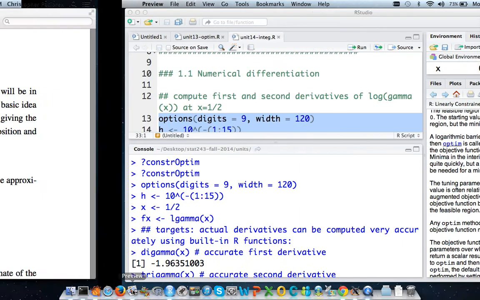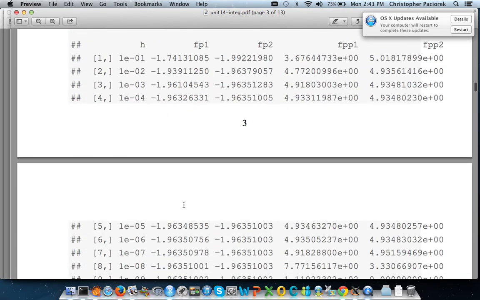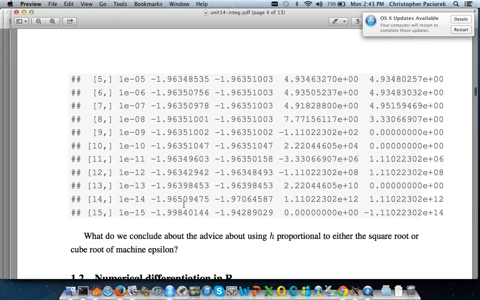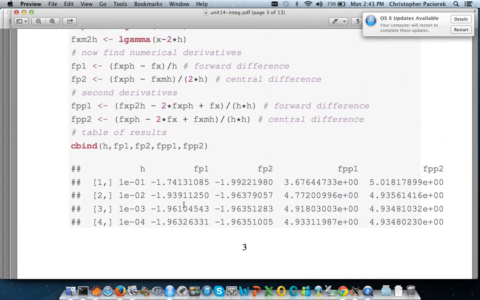If you look at the documentation for some of the numerical derivative functions in R and other packages, you'll see they say in the arguments what magnitude of h is going to get used in doing the numerical derivative.